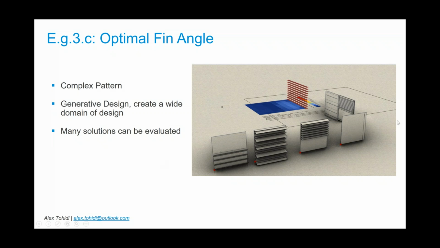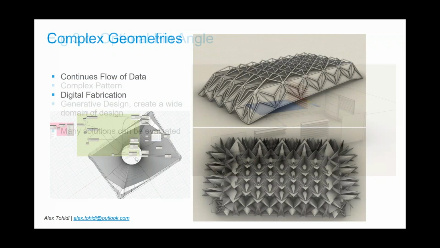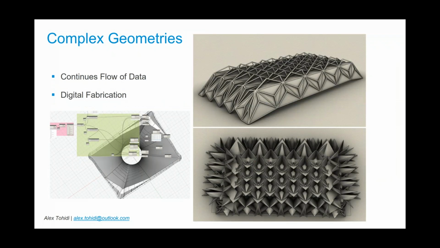this generative design platform, this parametric design platform, allows us to generate many different solutions, and then we can create a wide domain of design, evaluate them, and come up with the best solution that performs best. On the last note, you can come up with quite complex geometry using this type of methodology.